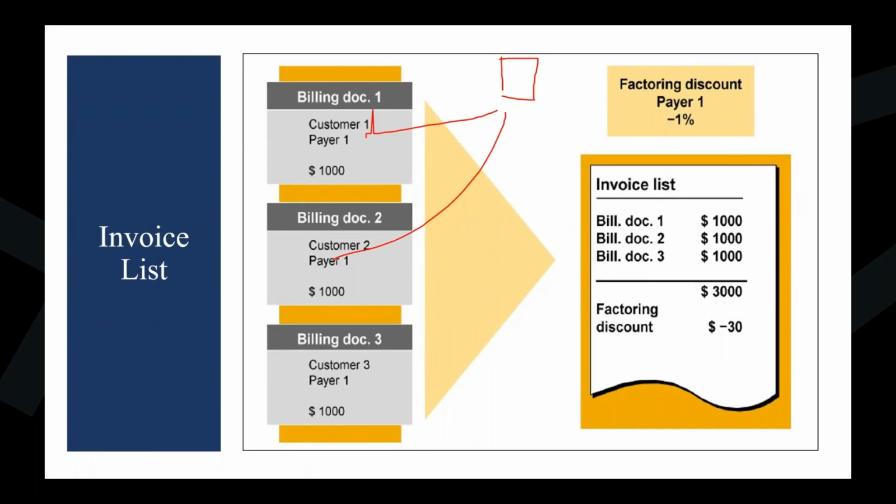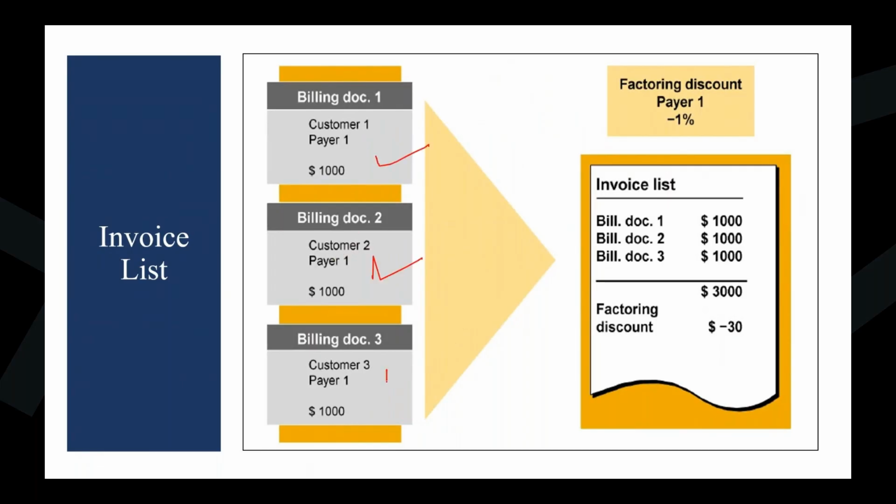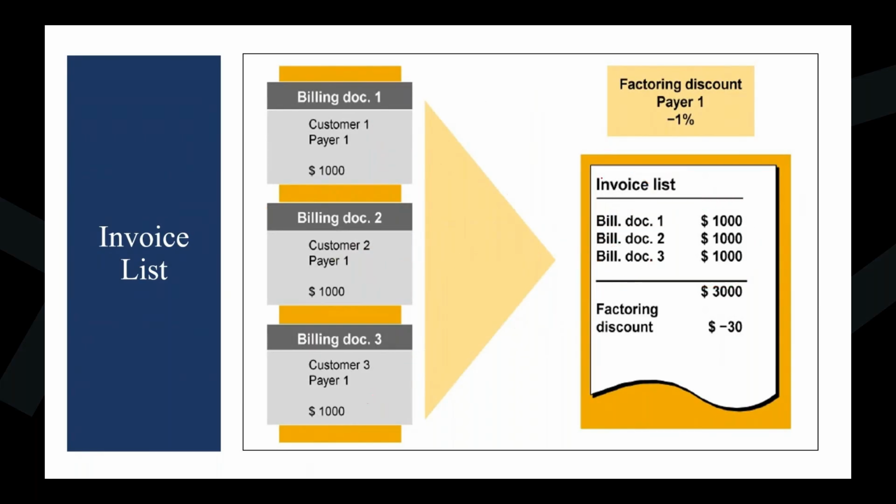You send your invoice to these stores, but the payer will be the head office. So instead of sending the individual invoices of the stores, you will club them into an invoice list and send it to the payer, the head office.